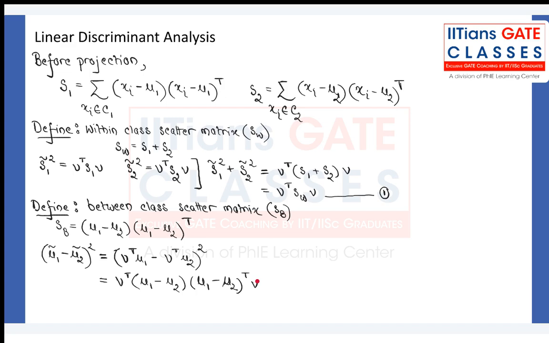We defined it as the between class scatter matrix. So I can write this as v transpose SB v, between class scatter matrix SB, and let's say this is 2.